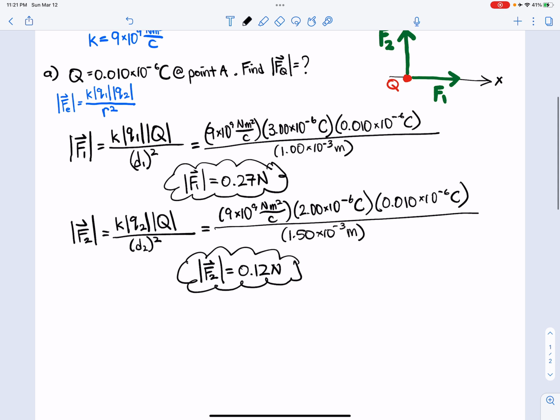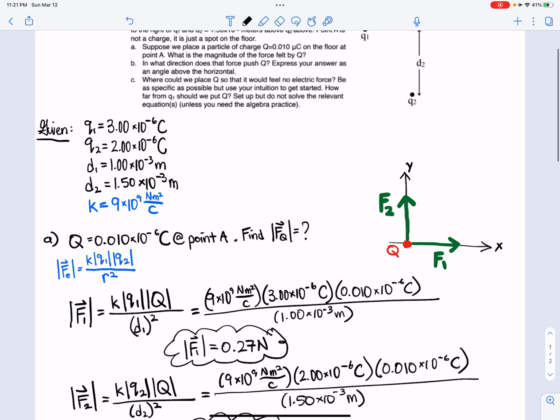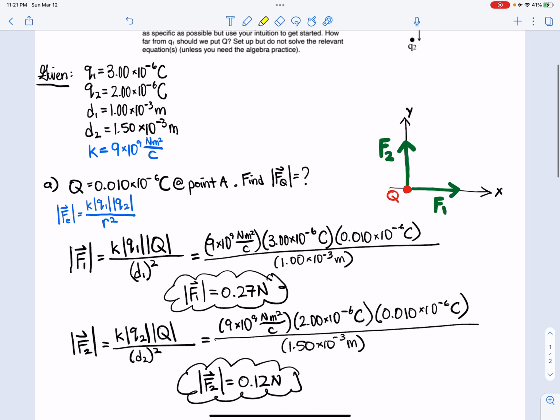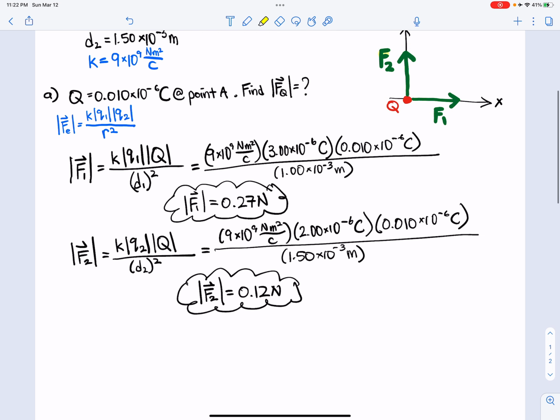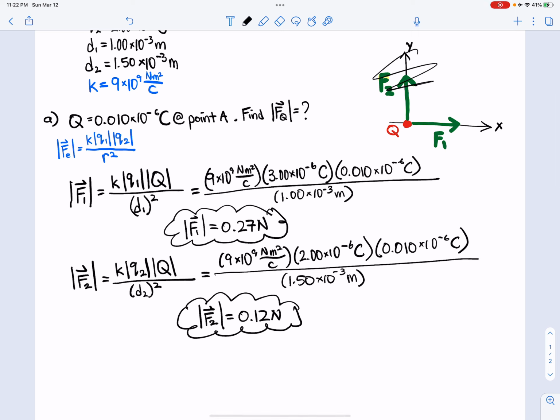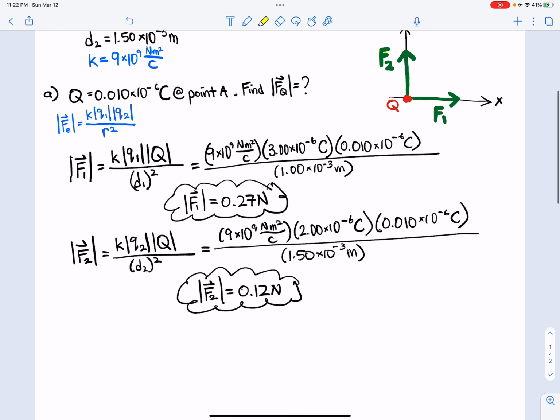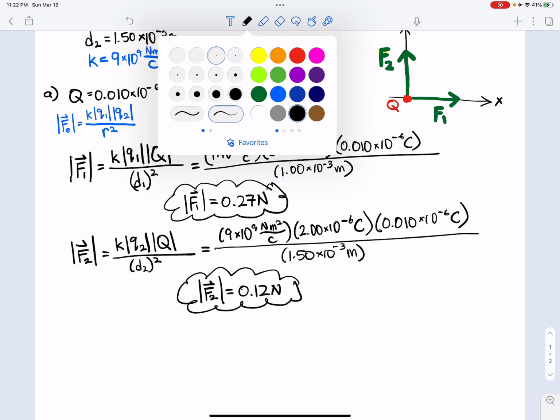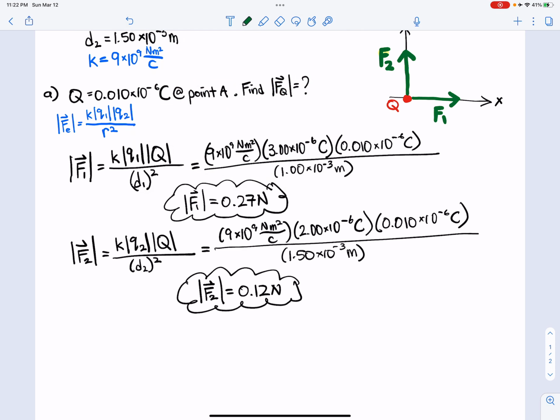Okay, so now let's get F total, right? Which is what we wanted to find. We wanted to find the magnitude of the force felt by Q, which is going to be the sum of force 2 and force 1 felt on Q. In order to do that, looking at this free body diagram there, if we look at the two forces, we have F2, which we calculated, and F1 going towards the x direction, which we also calculated, right?